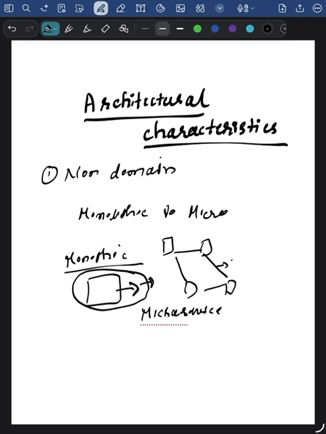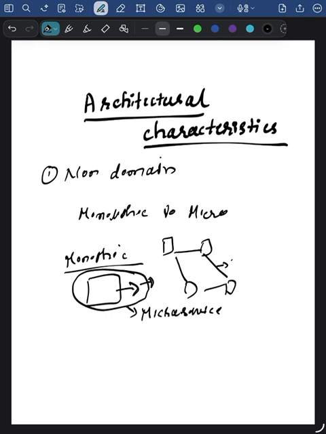Now, scalability is an architectural characteristic. To achieve scalability, we got to move from monolithic to microservices. That means the scalability architectural characteristic is demanding the structural change. To achieve scalability, we need to change the structure of our system. Right?